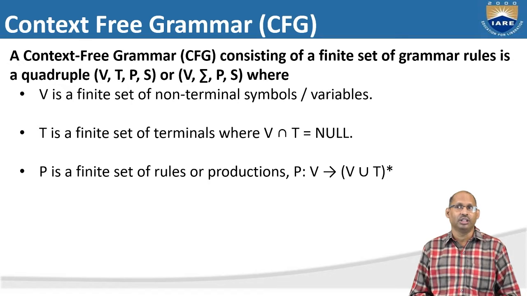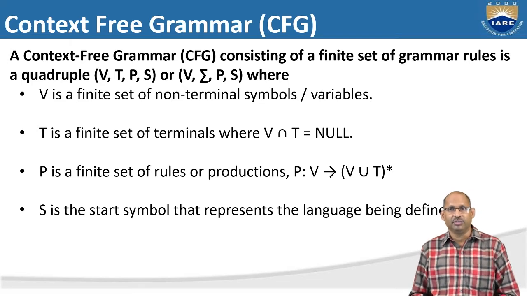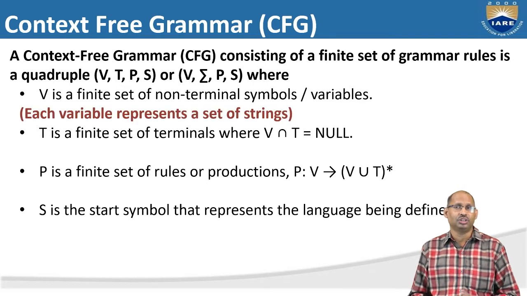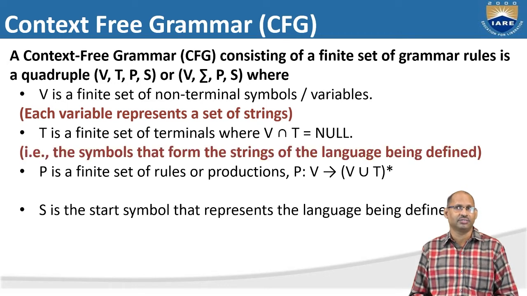The occurrence of zero or more variables or terminals. Then S represents the start symbol of the language being defined. So V is variables, T is the terminals, P is the productions, and S is the start symbol. Each variable represents a set of strings.